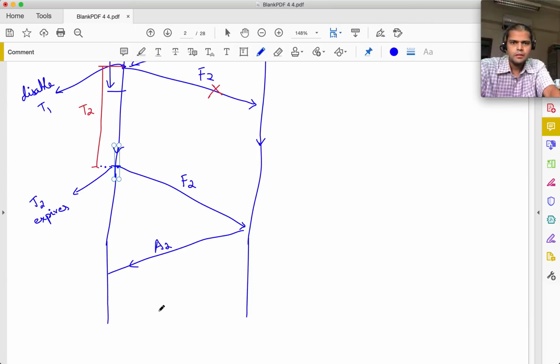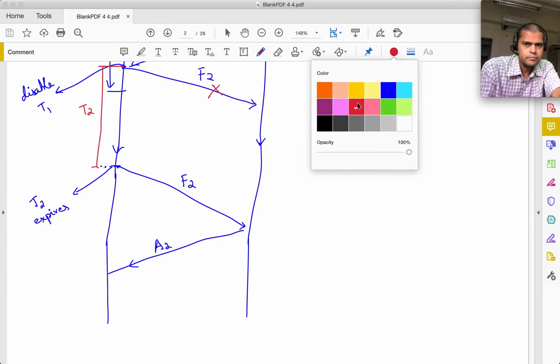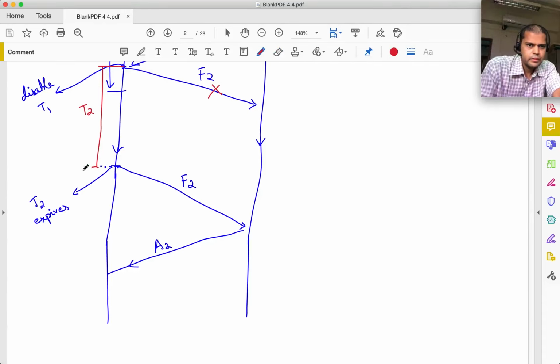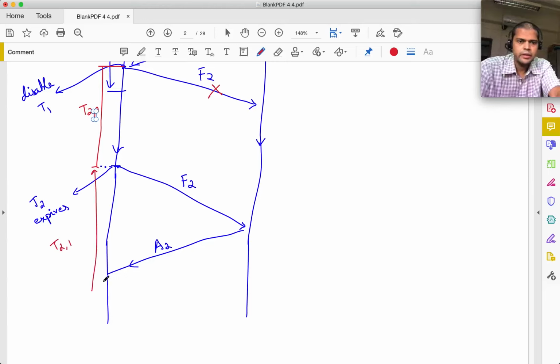Okay. So this time again we are going to set a timer. Let's call this T2 0 just to say that it was the first time for this particular frame. Now for the same frame I am setting another timer, for the second attempt at sending that frame.